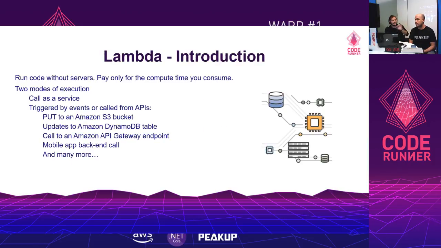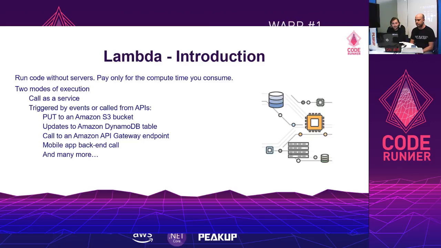So let's go fast. Lambda can be called via AWS SDKs or using what are called triggers. AWS offers API Gateway, which you can use to call via HTTP, or you can call it directly in AWS as a service.